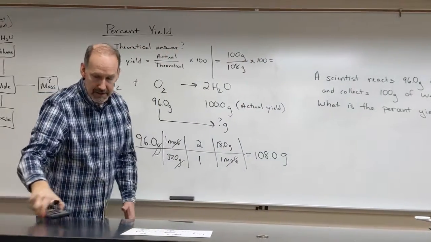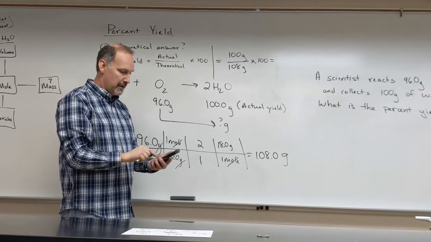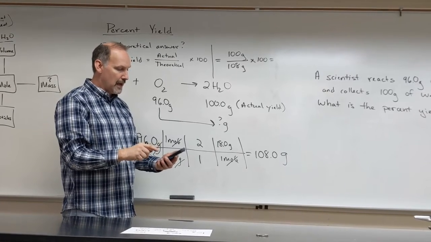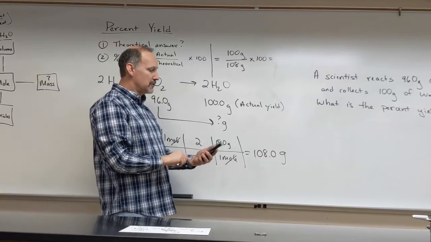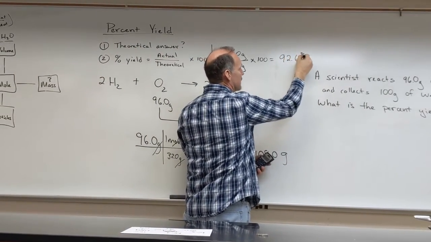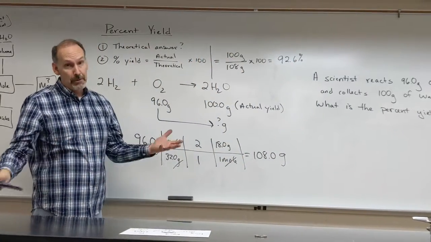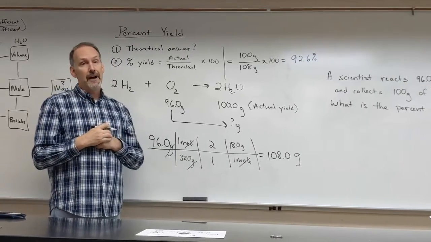So I take my calculator, real simple, and I go 100 divided by 108 equals 0.9259, times by 100, and it gives me 92.59 or 92.6%. So they're in the 90 percentile range. So they did a pretty good job in their experiment, and so there you go. That's how you find percent yield.